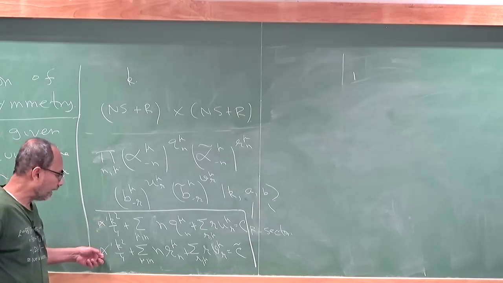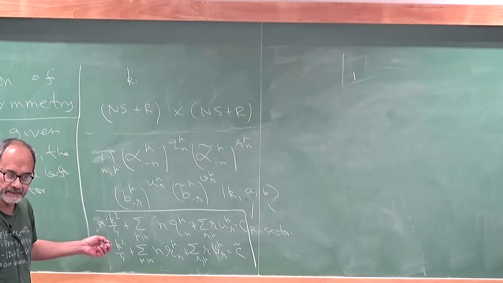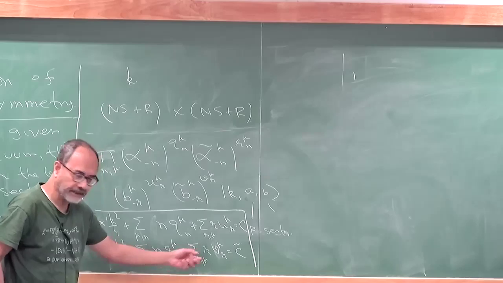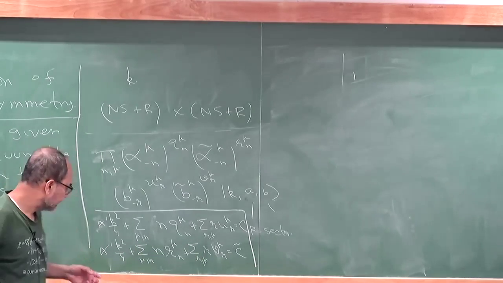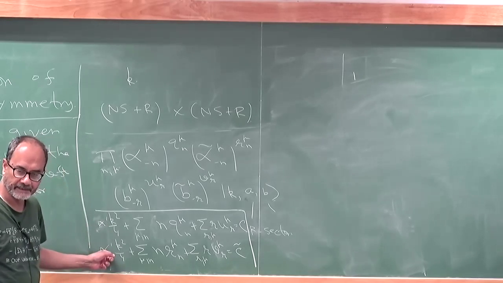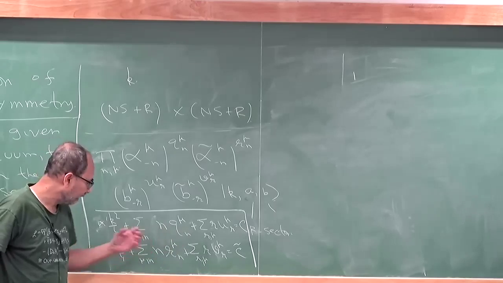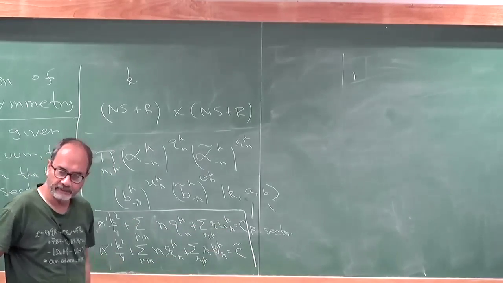So these are independent of each other for a given K. For a given K, it fixes this combination and this combination. The level matching condition comes because it's the same K that appears in both expressions. That's why the left and right get related. That's why you can eliminate K from here and say this equals this, with C minus C tilde.